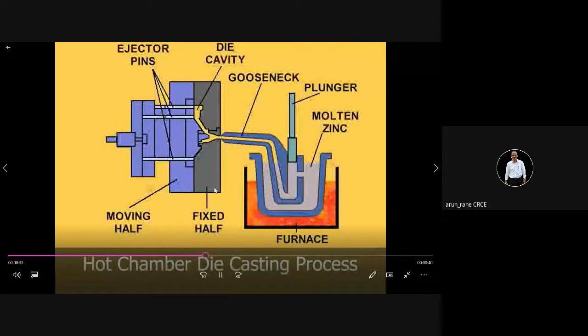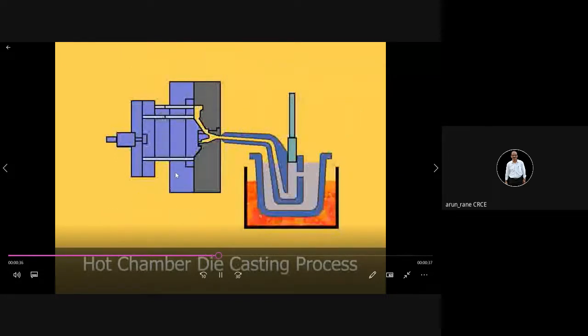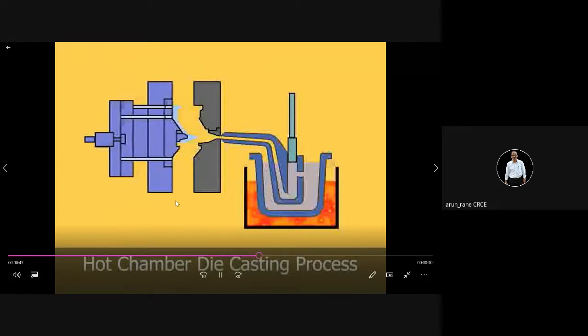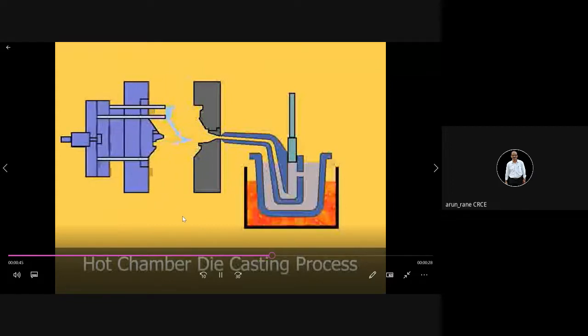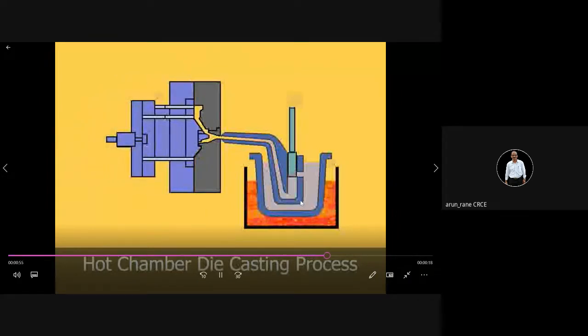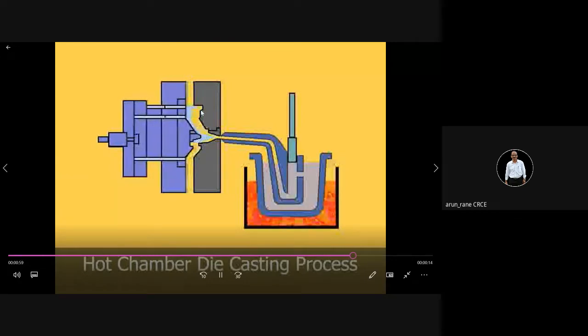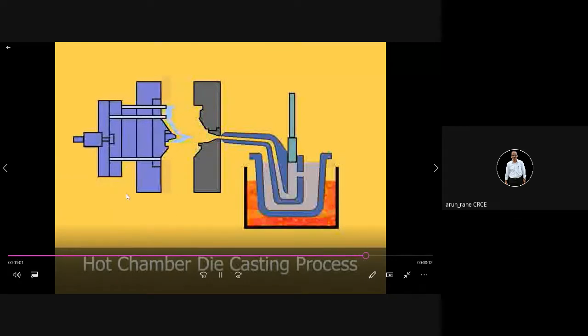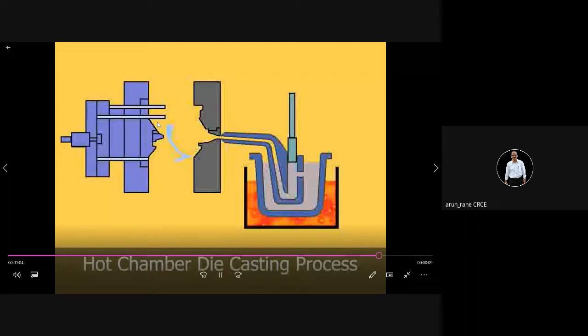So there is one fixed up and another is moving up. Same is the principle of injection molding. So this is fixed up, this is moving up. Now material is injected, then it is cooled, solidified, and then this is ejected, is falling down.